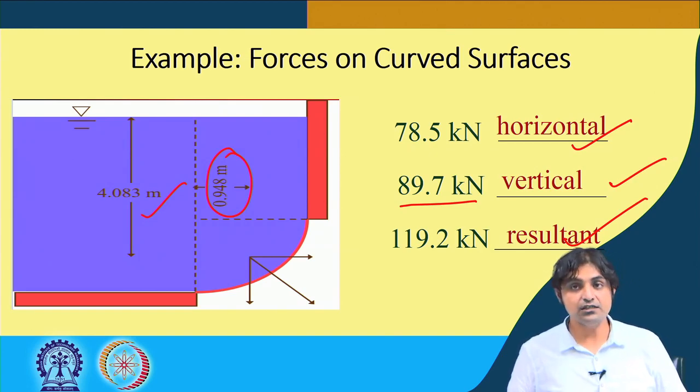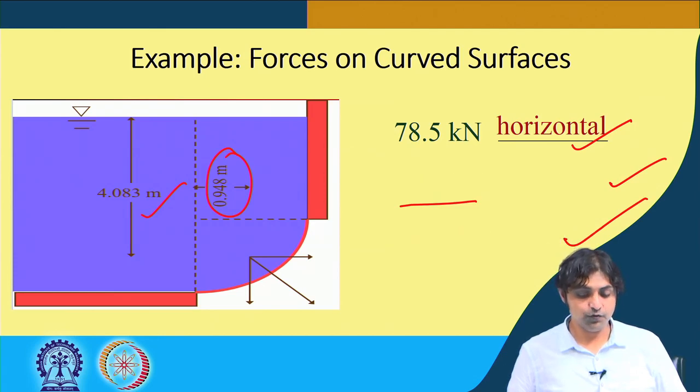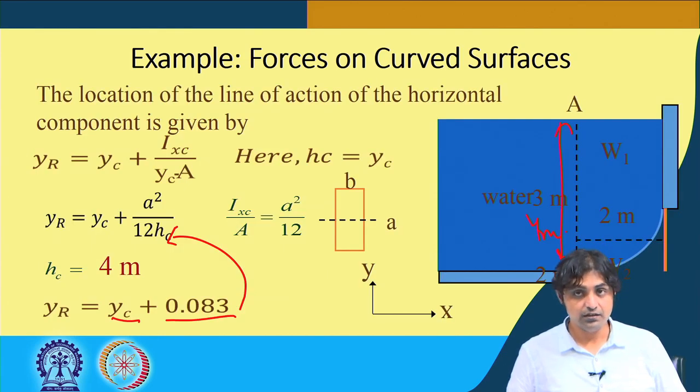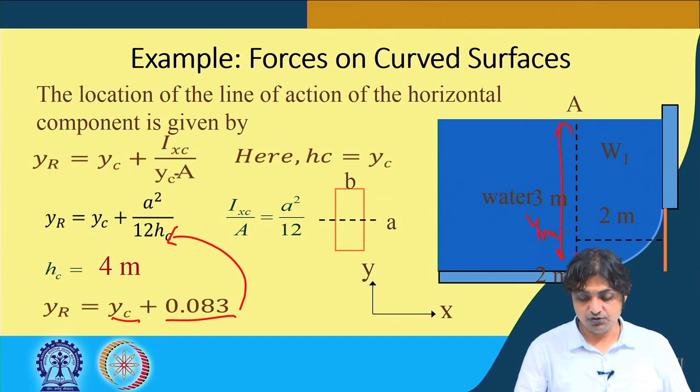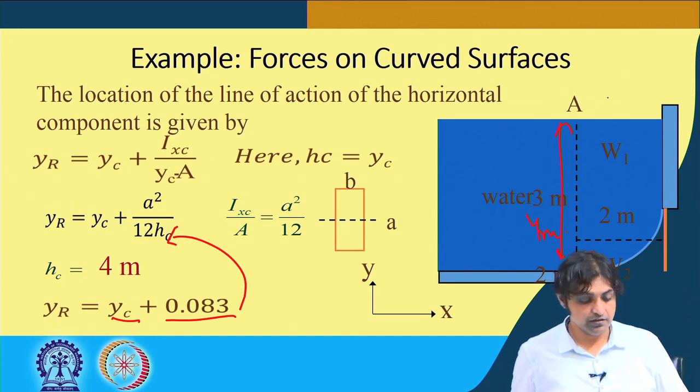So the trick is that you always use the force balance and the moment balance wherever the curved surface is. As I told, the vertical force is the weight of the liquid above the curved surface until the free surface, where the atmospheric pressure is, and the horizontal force will be the pressure at the centroid into the projected area.